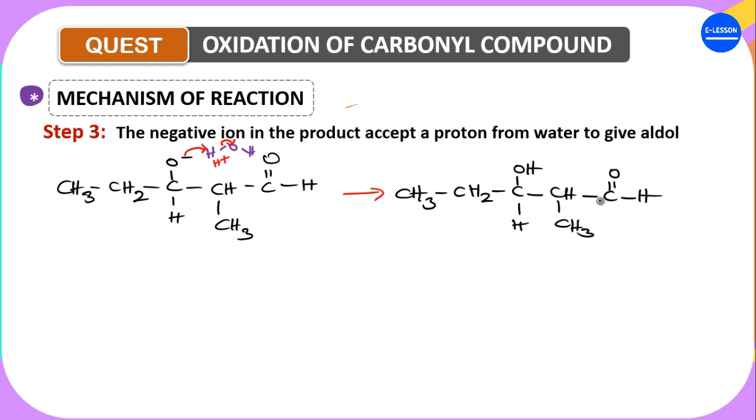You call this 2-methyl, 3-hydroxy, then 1, 2, 3, 4, 5 pentanal. 3-hydroxy pentanal. So that is the product of that reaction.